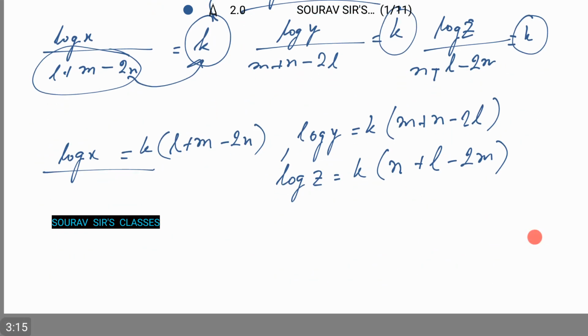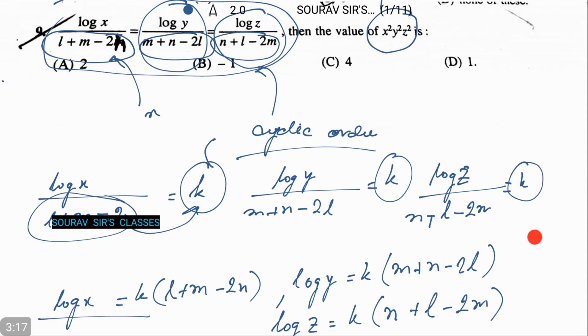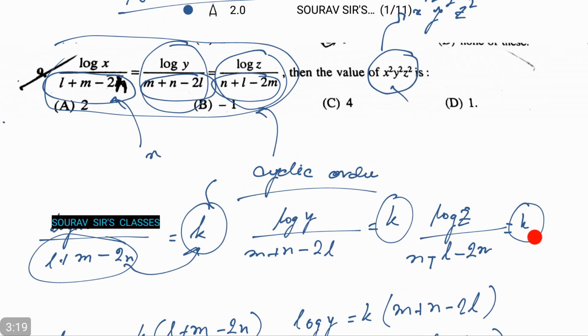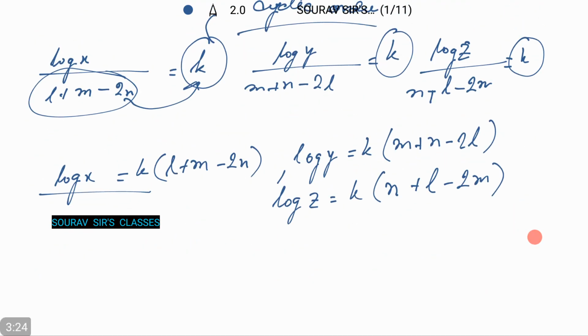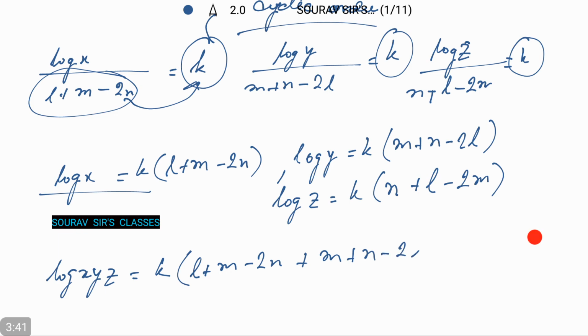Once we have done that, we just go back to the sum and note that we are required to find x squared, y squared, z squared. So what we do is we take log xyz, which, according to the formula, is equal to k into l plus m minus 2n plus m plus n minus 2l plus n plus l minus 2m.